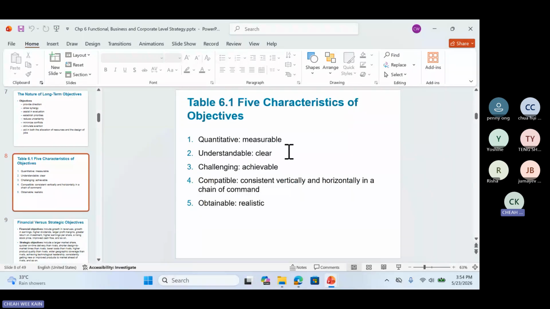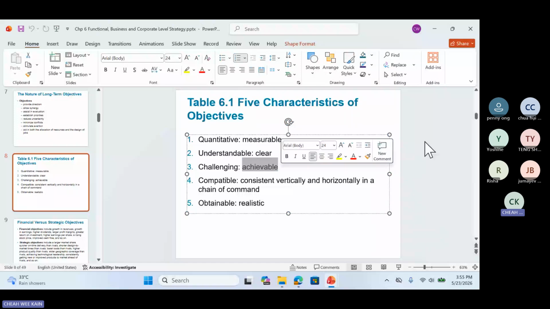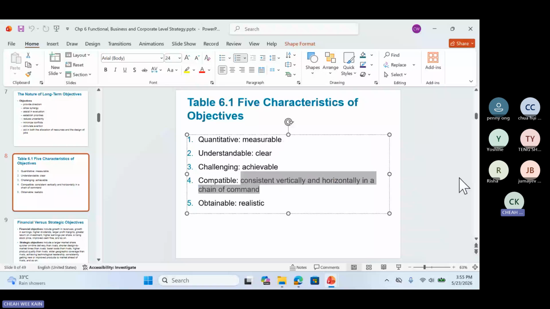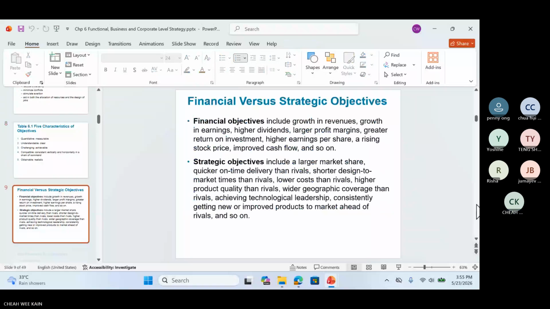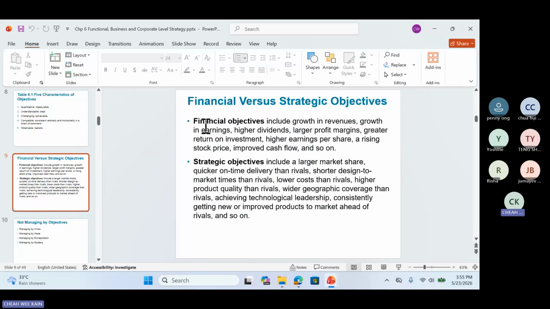It's achievable. It will be achievable basically because your antenna is good, your IE and your OTSW are good, then it's very easy to achieve. Consistent vertical and horizontal in the chain of command is also important. It must be realistic. Again, your antenna must be good to be realistic. Now sometimes the wording gets very confusing.